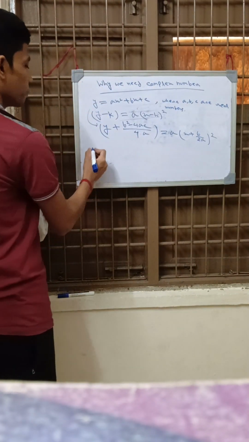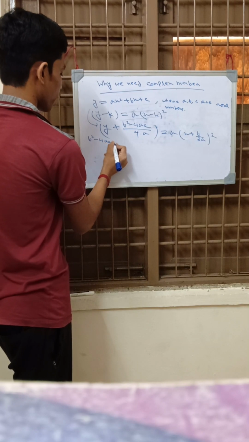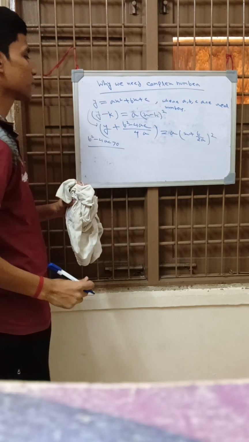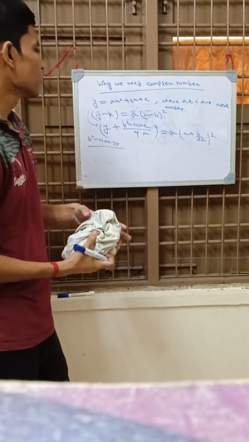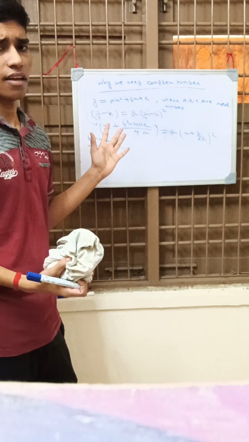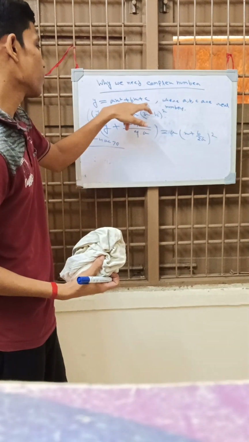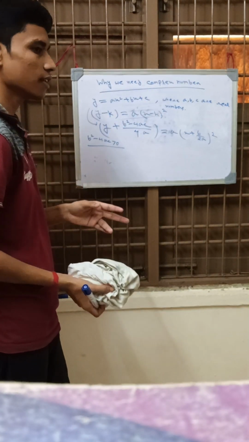Now if b square minus 4ac is greater than 0, then x is a real number, and the equation has two distinct values.